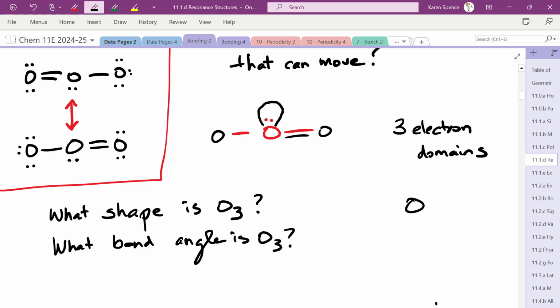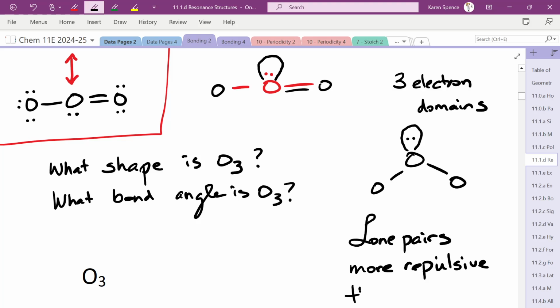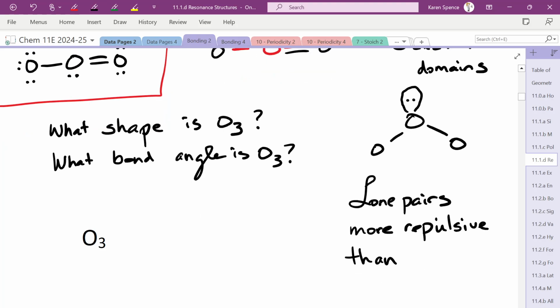It would really look like this. And lone pairs are more repulsive than bonding pairs, than a single bond.